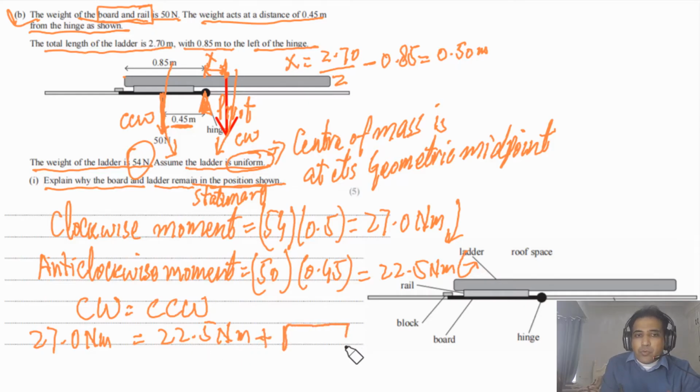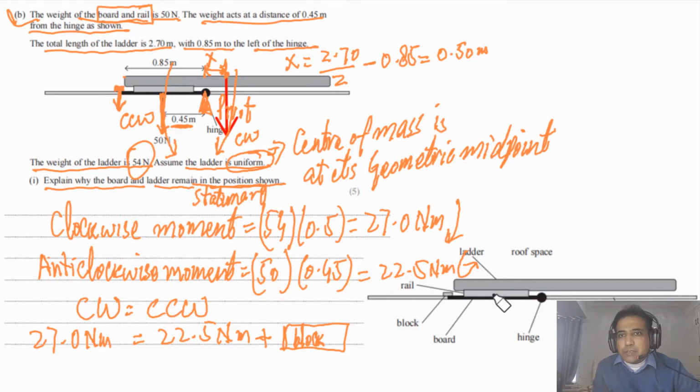It means some moment is due to the board. We have the board here, so there is a force by the board, so we can say there is also a moment due to the block.